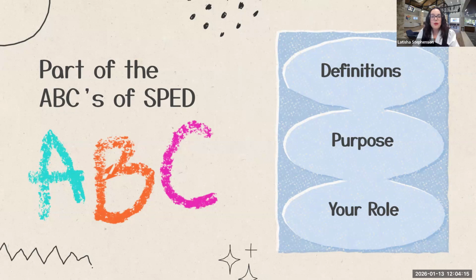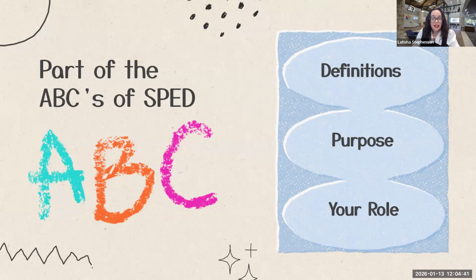And so when you go to a meeting for your child, they'll call it an ARD or ARD meeting. We're going to talk about an IEP, which is an individualized education program. We're going to talk about the FIE that was conducted, which is that full and individual evaluation. And so a BIP and an FBA are just another part of the SPED ABCs.